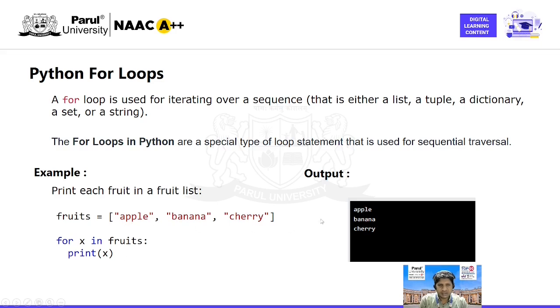All these three fruits are in a list, and the for loop retrieves them. For x in fruits means x is a variable which takes elements one by one from the list, and prints the value of x one by one.